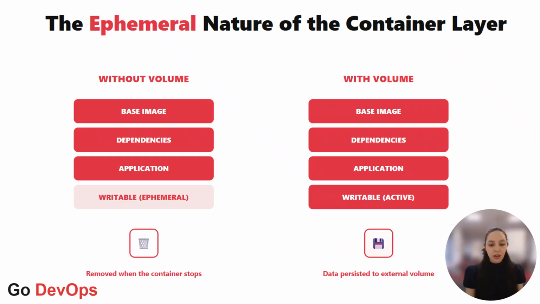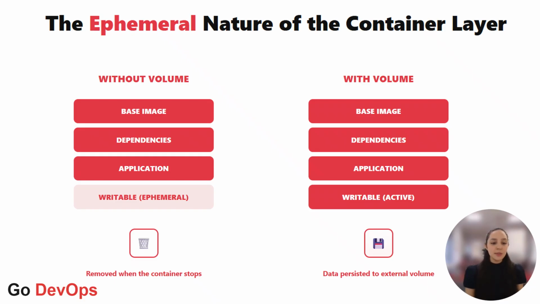Here you can see in this diagram, on the left we have a container without a volume, so the writable layer disappears when the container stops. And on the right we attach an external volume, and that's where persistent data lives. The base image and all its layers remain untouched, while the writable layer acts more like a scratch space.